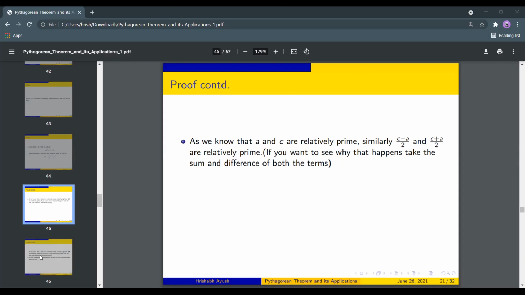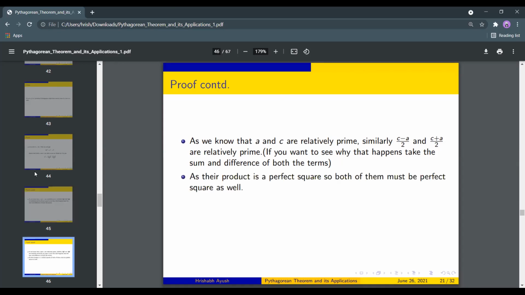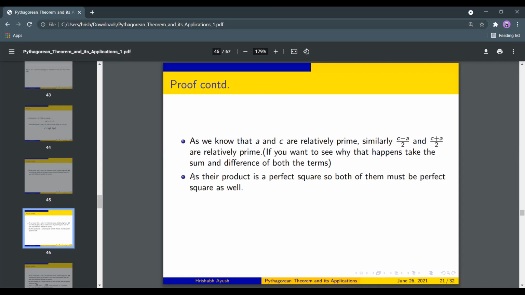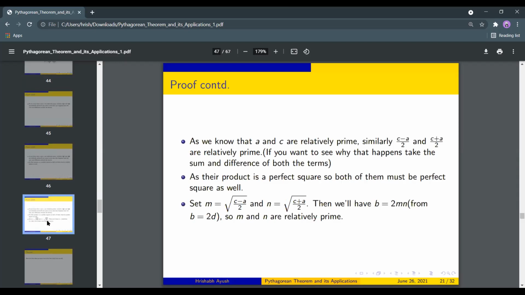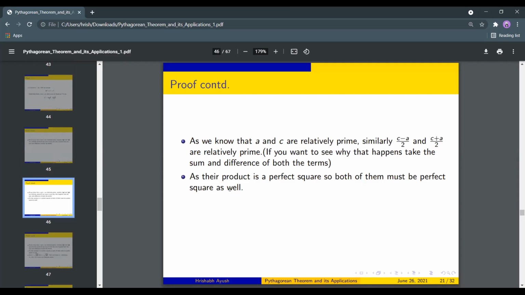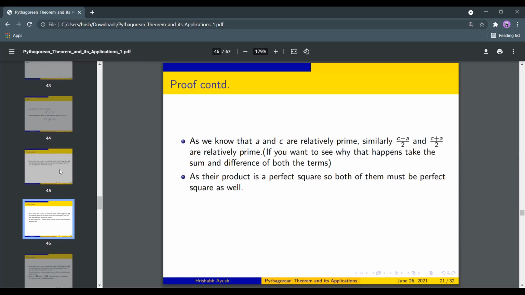Okay, let's move to the next slide, where the product is a perfect square. You see from here that k square is equal to (c minus a) times (c plus a) by 2. So their product is actually a perfect square, that is k square. So they both must be perfect squares as well.